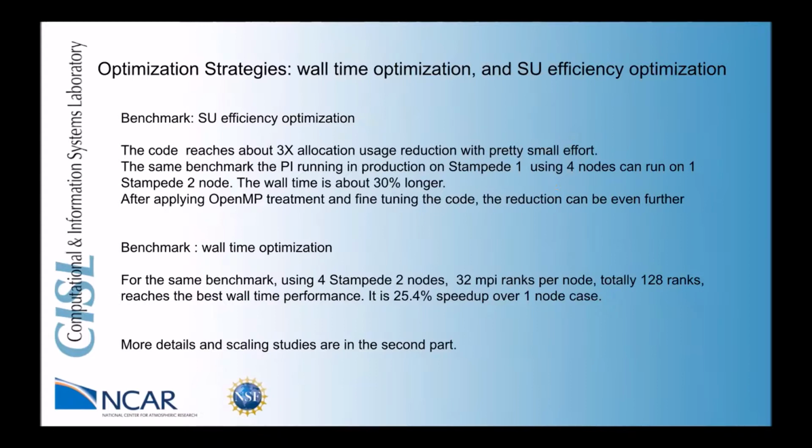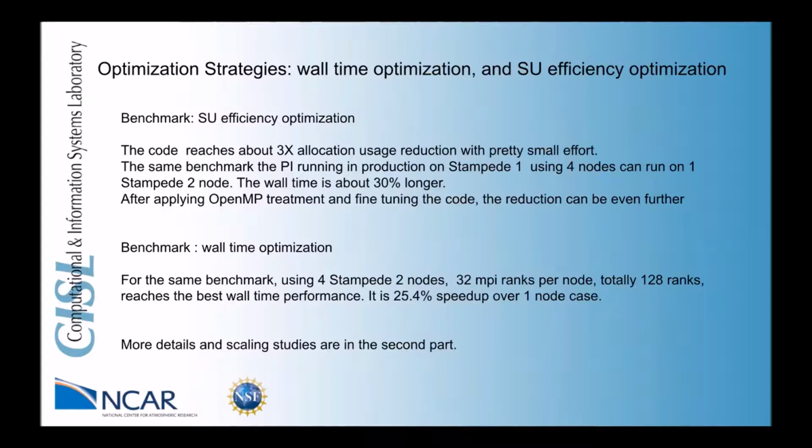The same benchmark the PI is running in production on Stampede1 using 4 nodes, and we can pack it onto one Stampede2 node. Because on Stampede1, we have 16 cores per node, and the user uses 4 nodes, ending up with 64 cores.